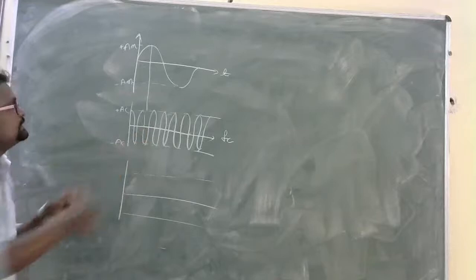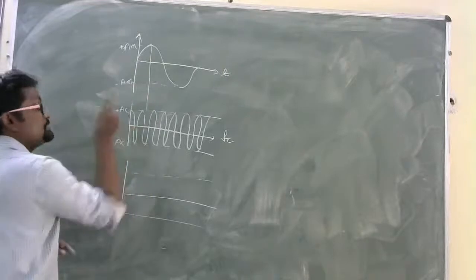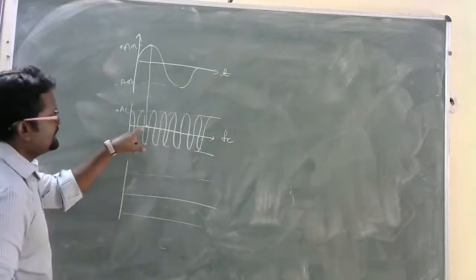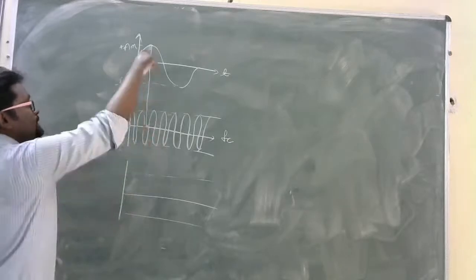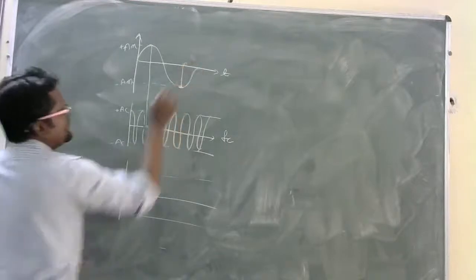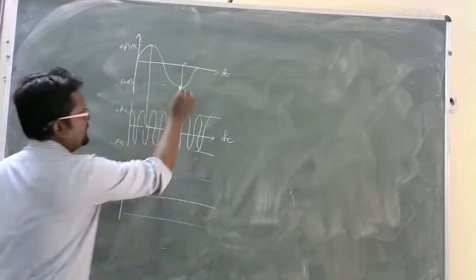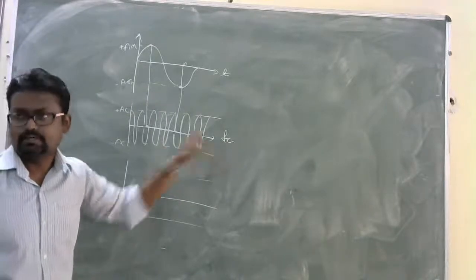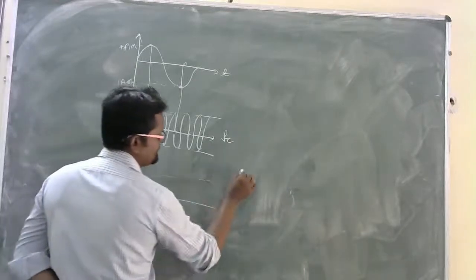When we frequency modulate the carrier signal with this message signal, at this point the deviation in the carrier frequency will be the highest. And at this point, the amplitude of the message signal is lower, so the deviation will be lower. Is it clear? Okay. I am representing the deviation as delta.